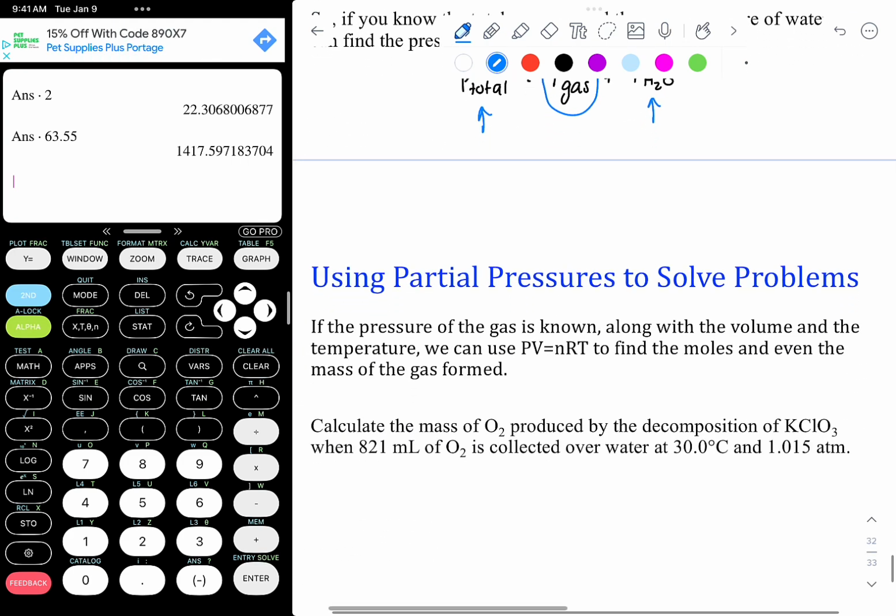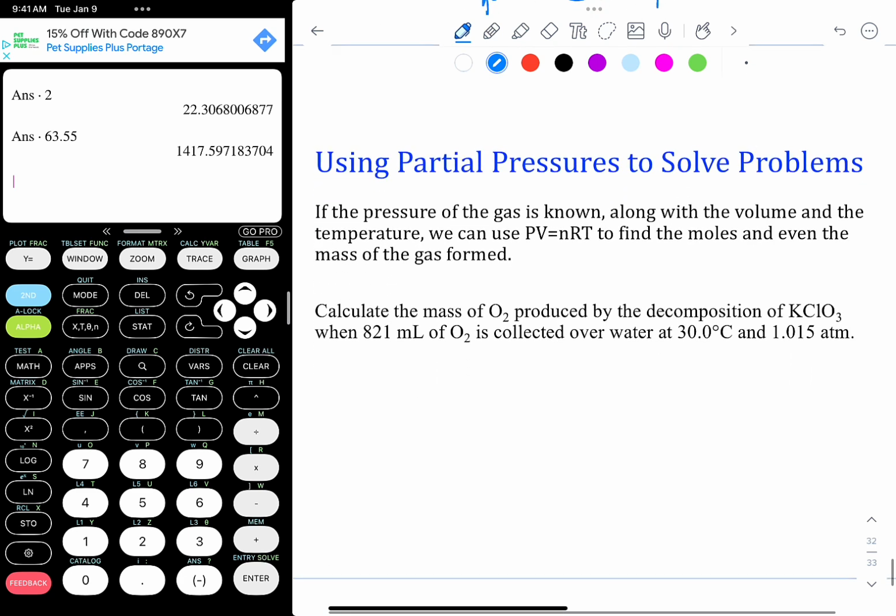If the pressure of the gas is known, along with the volume of the gas collected and the temperature that it was collected at, we can use PV equals nRT to find the moles and even the mass of the gas formed. We could also go back to our reactant and see how much reactant we used. We could do so much stuff just by finding the moles of gas for that reaction.